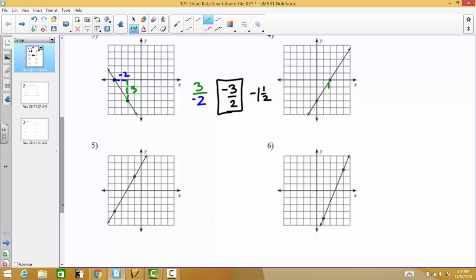Number 4, rise of 3, run of 2, over 2, up 3. So 3 over 2. That's the same thing as 1.5.